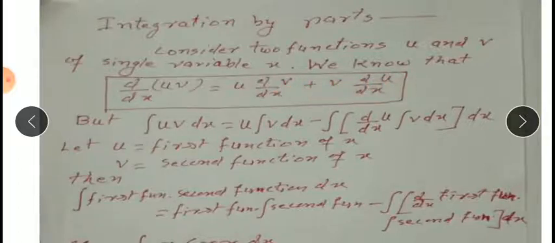You know this formula in differentiation, but today I want to explain you integration by parts, that is, integration of product of two functions. This is also known as integration by parts. u and v are two functions of x. u is considered as first function, v is considered as second function.